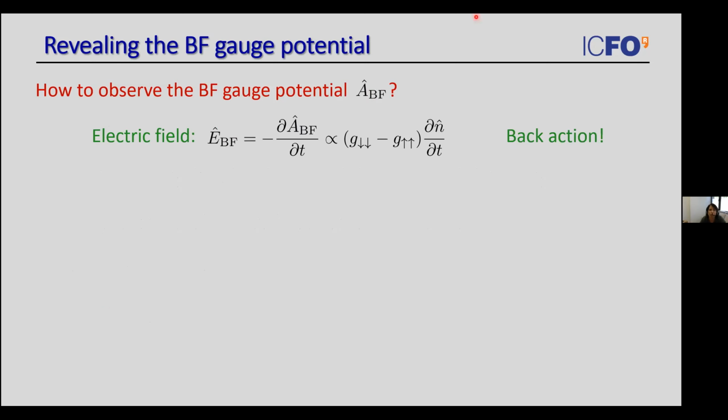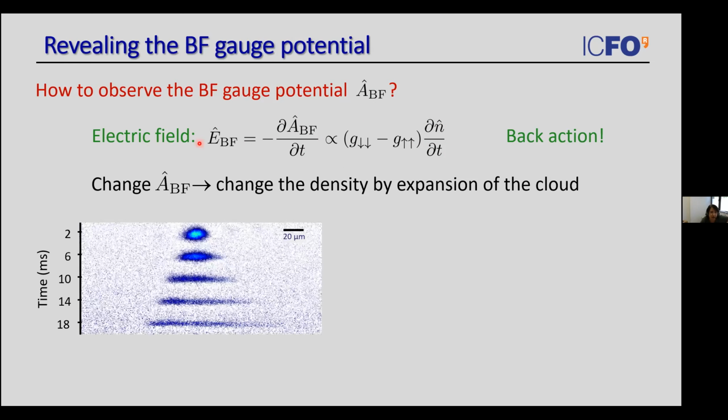So what we do is to look at the time variation of the BF vector potential, which is the same as looking at the density variation of matter. So we will change the density of matter, and then we will see if we see something appearing in our system. We want to see an electric field appearing to see the back action of the model.